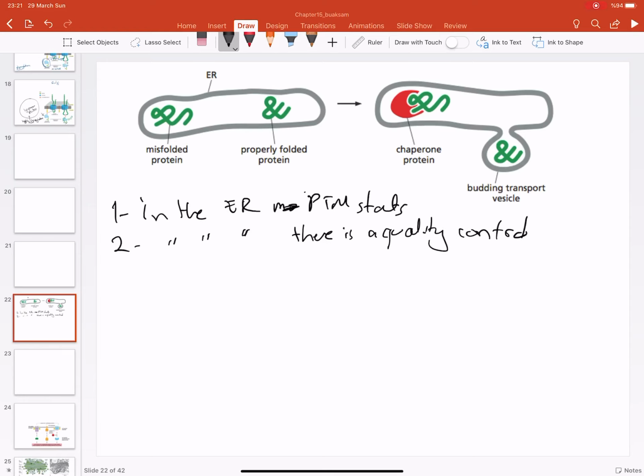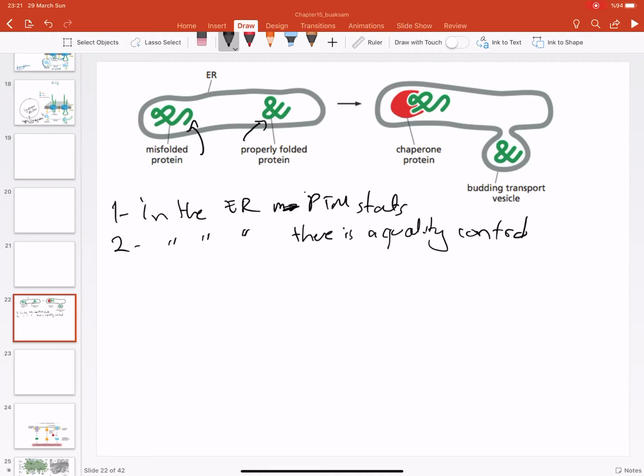Okay. In the ER, once they are translated, and now we are looking at the ER lumen proteins, these are not transmembrane proteins, the protein can fold properly like this, or it can misfold. Now, this misfolded protein has the correct amino acid sequence, but the shape is wrong. And how can you understand if the shape is wrong if you were in the molecular environment?